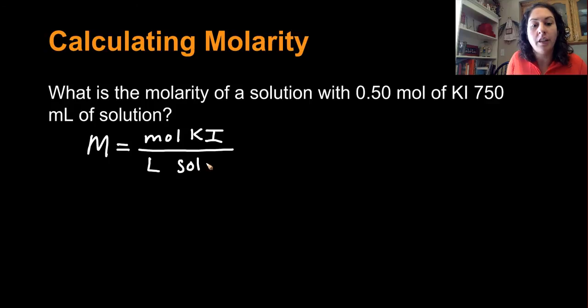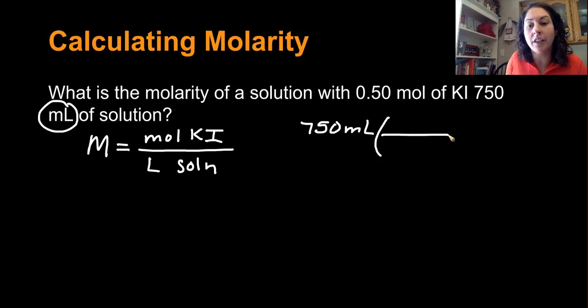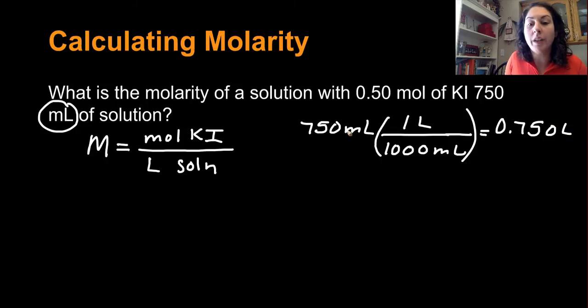Well, we don't have this in liters, we have it in milliliters. For this, it has to be in liters. So we take our 750 milliliters and convert that into liters. We know that there are 1,000 milliliters for every 1 liter, and that gives us 0.750 liters. All we really did is move our decimal 3 places to the left. You can use either method to do this.